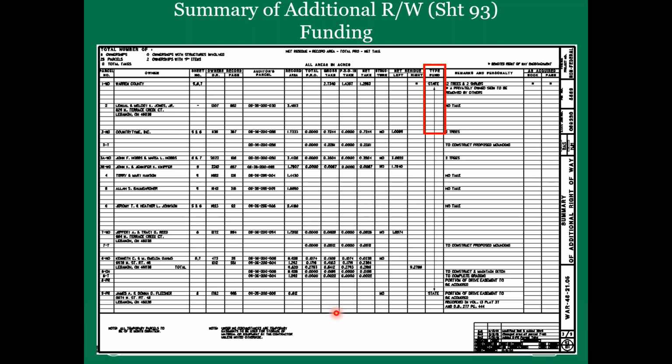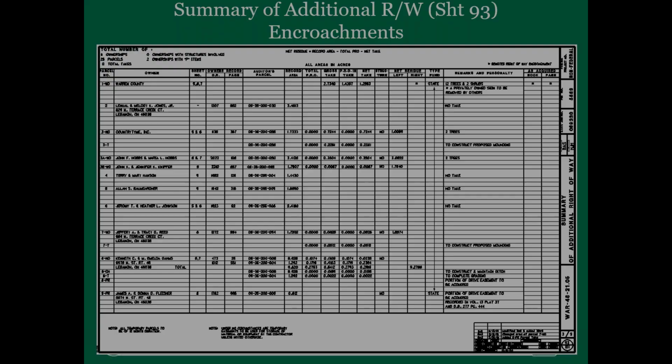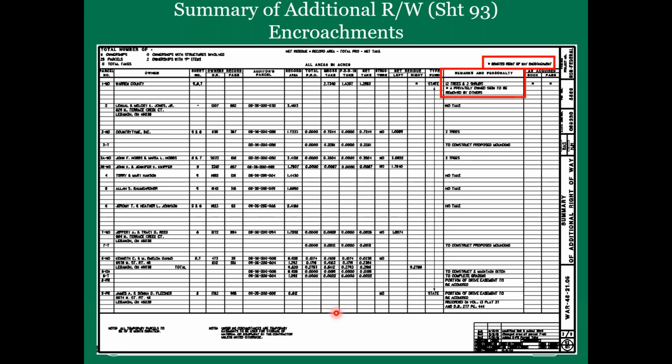The next column over is a type of fund column. This fund column is actually going to go away. Years ago, we used to identify, and we still do, what money is being used to acquire the right-of-way. It's not necessary because all this is tracked through a system that we utilize. So we're going to eliminate that eventually, so don't get too concerned about it, but I wanted to point out what it is.